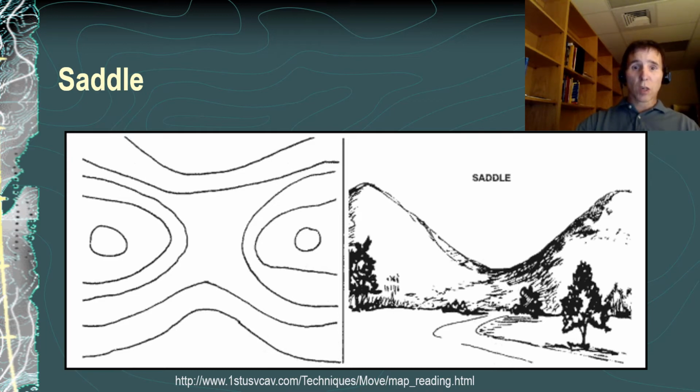Notice the characteristic saddle shape, as shown here, with a low elevation area separated by two high points. In this topographic profile example, this is a high point here and here. Where would the low point be? This is the low point of the saddle.